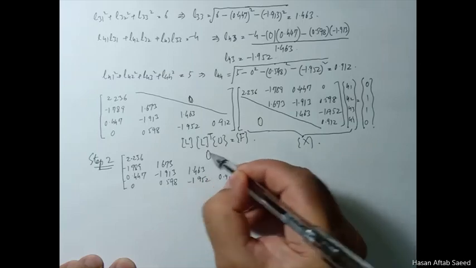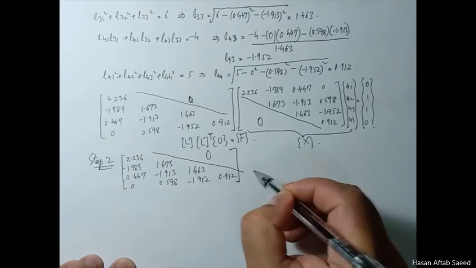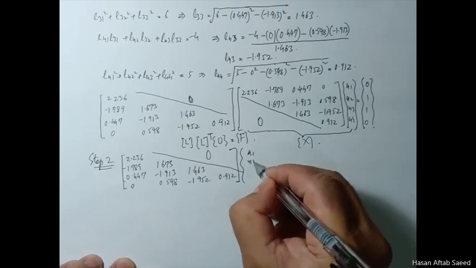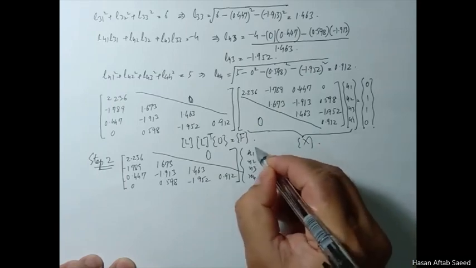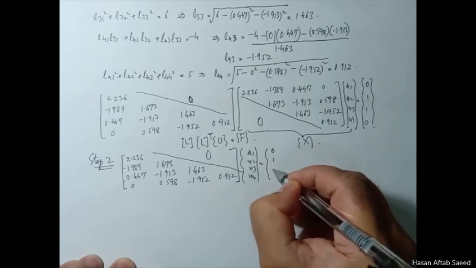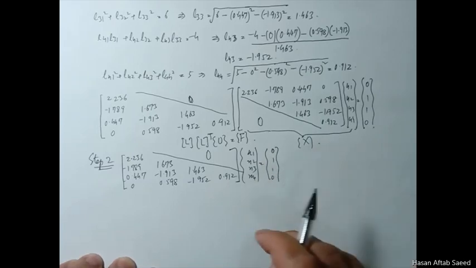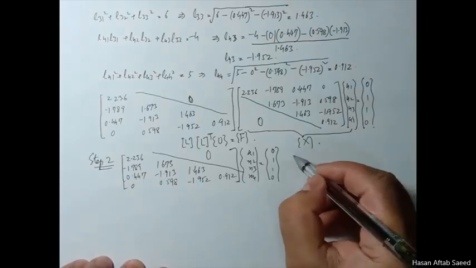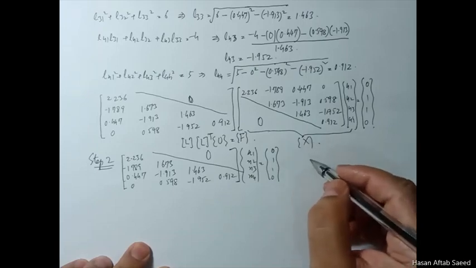These are all zeros. You have x1, x2, x3, x4 equal to 0, 1, 1, 0. It's very easy to calculate the values of x1 to x4 by backward substitution, by forward substitution, I beg your pardon.